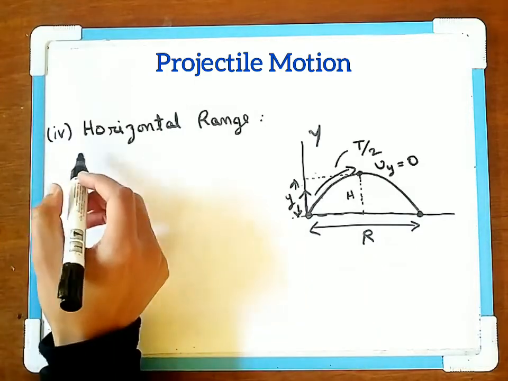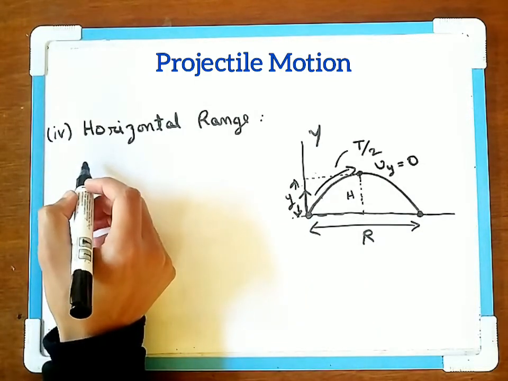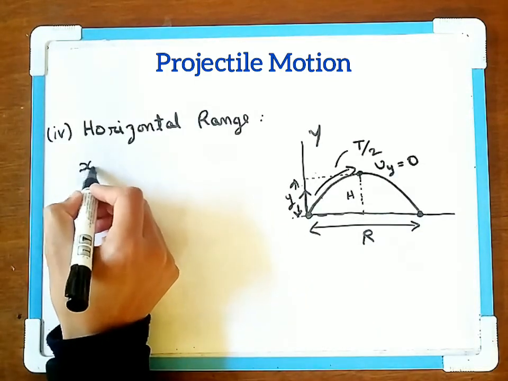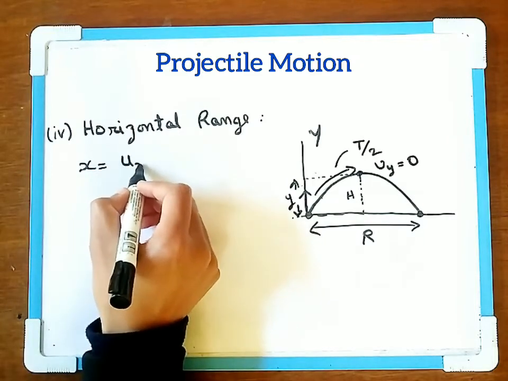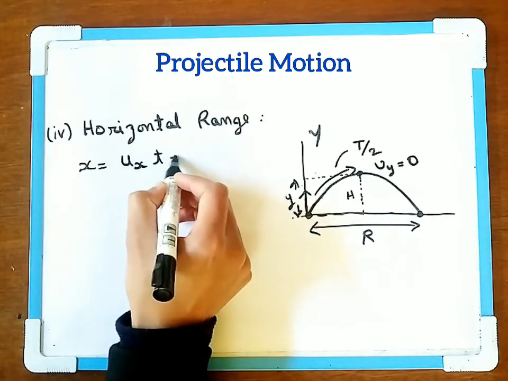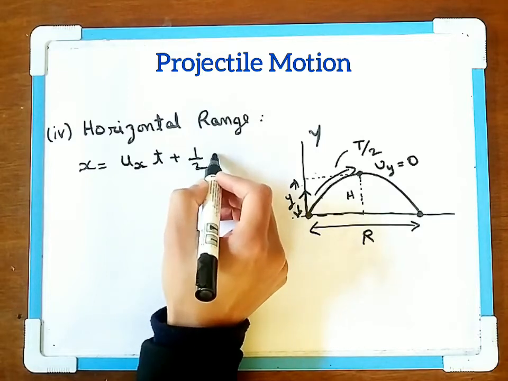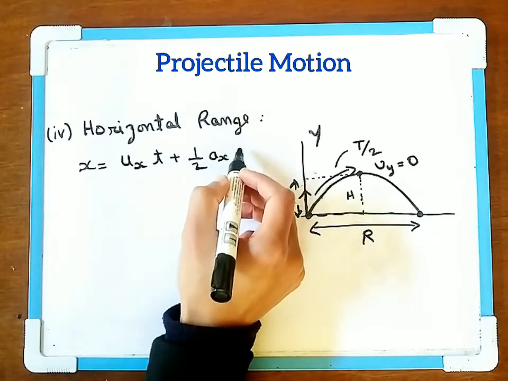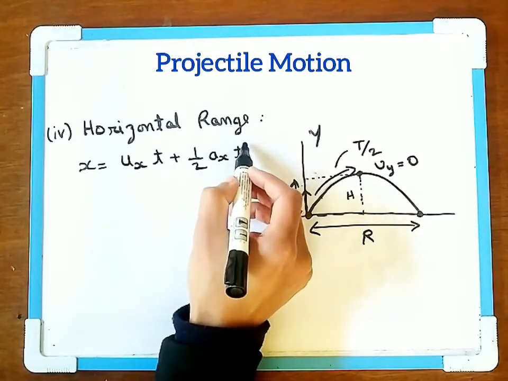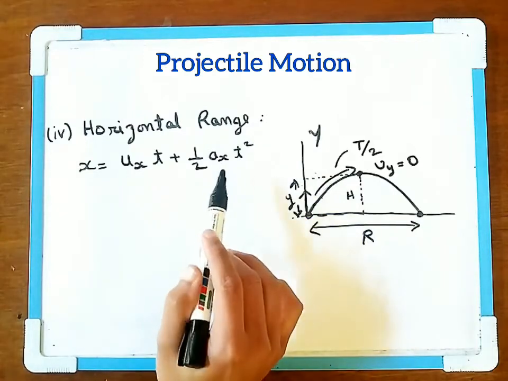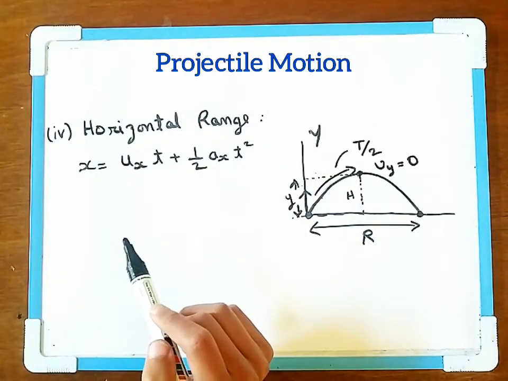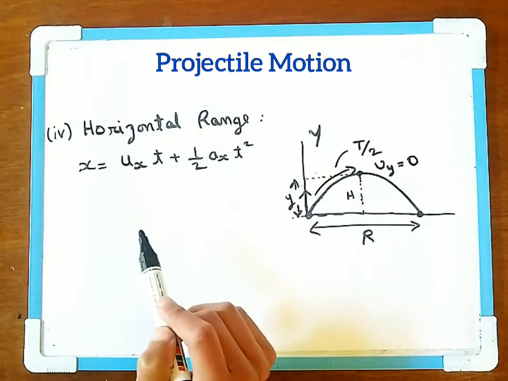So we'll use this equation of motion. Your x is equal to ux t plus half ax t square. Now, I've told you before, ax is equal to 0. There's no acceleration along the x-axis.